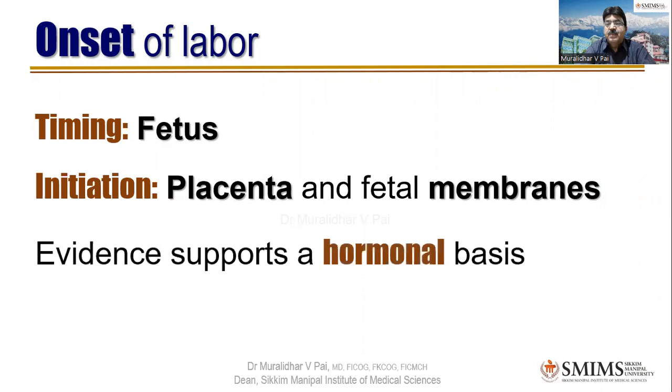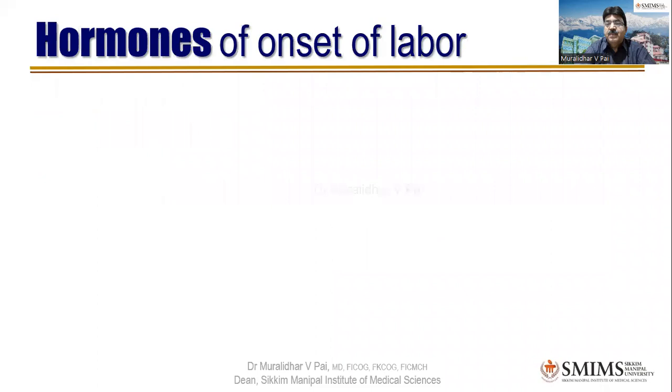Evidence supports a hormonal basis also. In fact, both the fetoplacental unit work through the hormones. You can't say it's a separate theory or separate basis. They all work together in harmony. So which are the hormones that help in onset of labor?